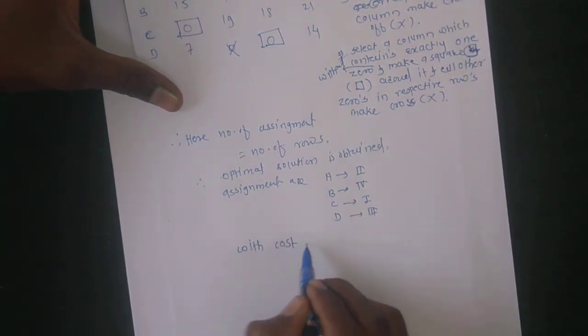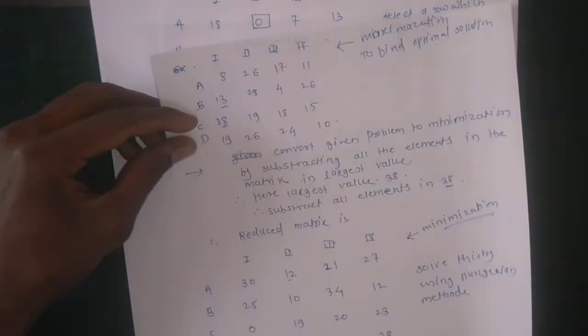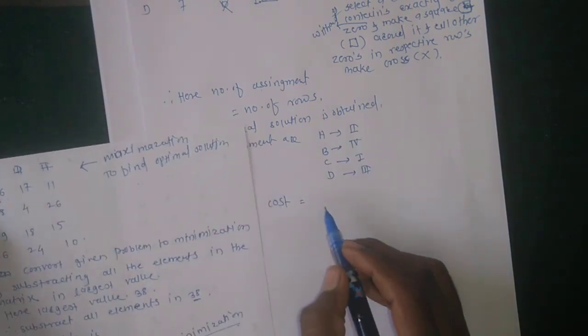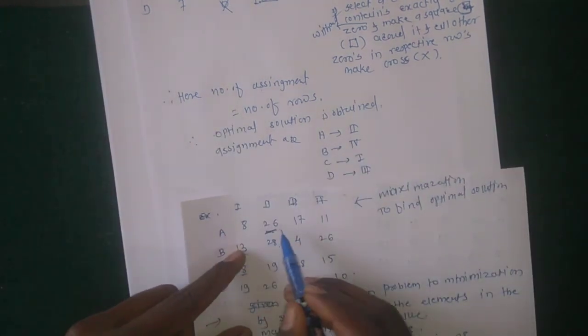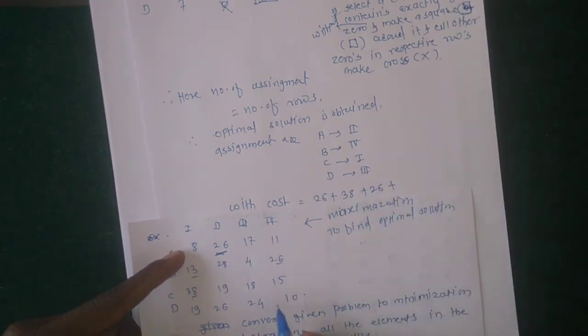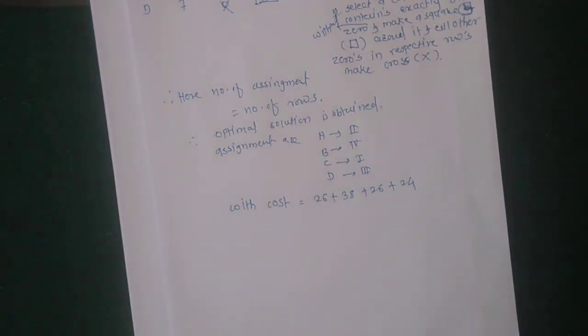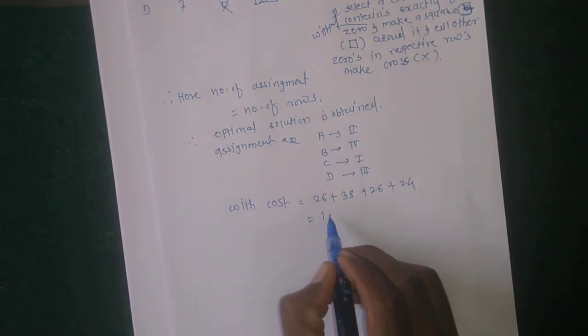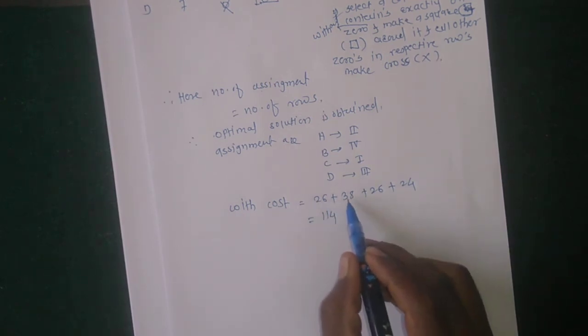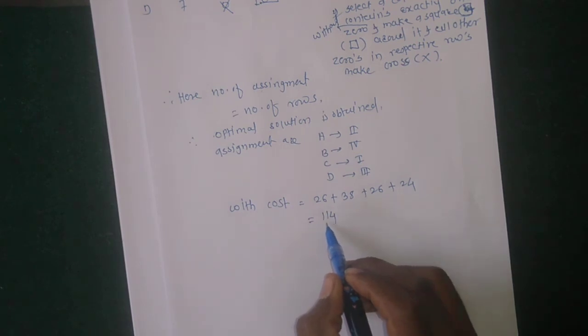Now the cost: how do we take the actual cost? In a maximization problem, take the actual cost given in the first problem, not the minimization one. So the values are: A has second, 26, then 38, then 26, and the last one is 24. The total is 114.